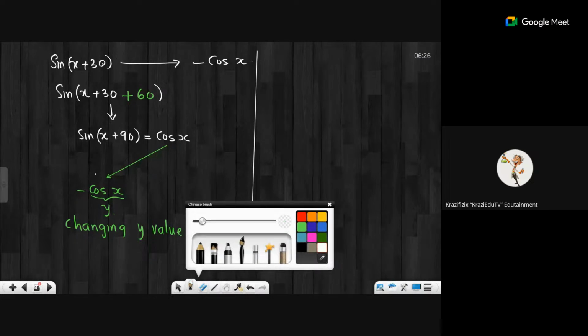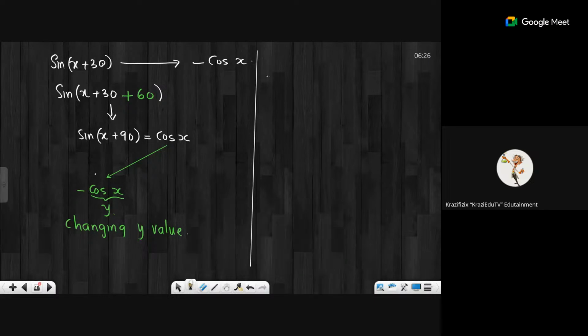Plus means I have to go where? Not to the right. It's an x, so it has to go left. So it means g of x is shifted 60 to the left. That's why it's positive. And now we multiply. We are changing the y value. When do you change the y value? When you reflect along the x-axis.